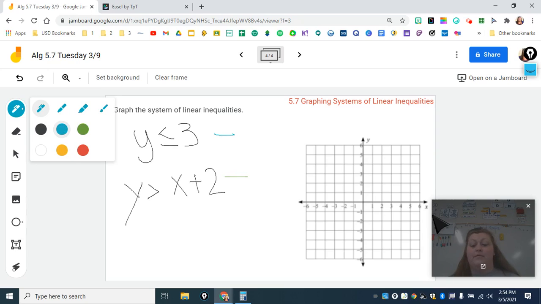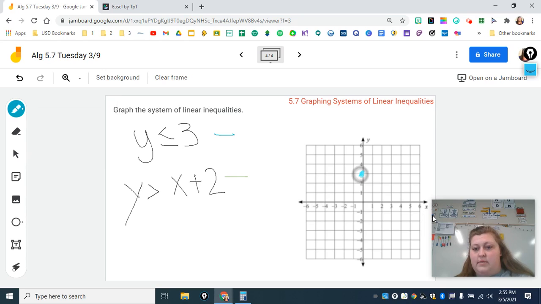So if we remember from graphing, whenever anything has no x, it just goes across the y axis. So my first line is going to be a solid line at 3 on the y-axis. So right here is 3, so I can put a point there, or you don't have to. And then I'm just going to have my line go straight across. I'm literally tracing it, and I still can't make it straight. There we go. So it's going to look just like that.